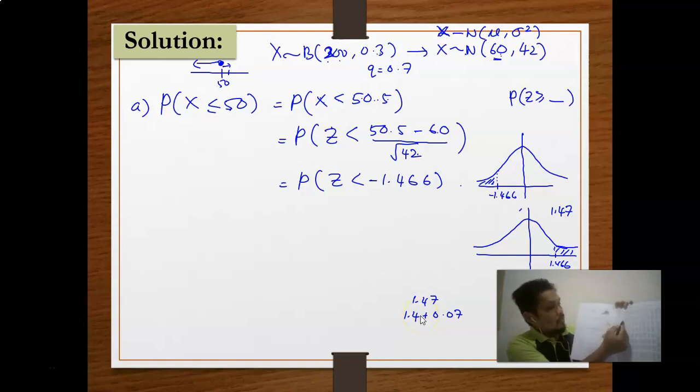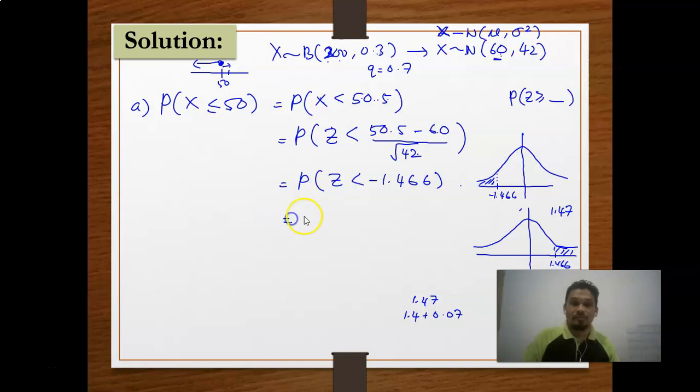So z is 1.4, and we find 0.07 from here. The intersection between these two is 0.0708. There you go.